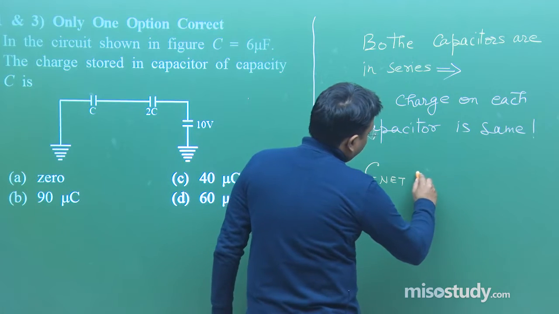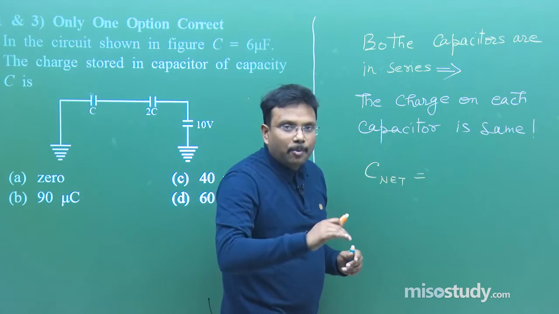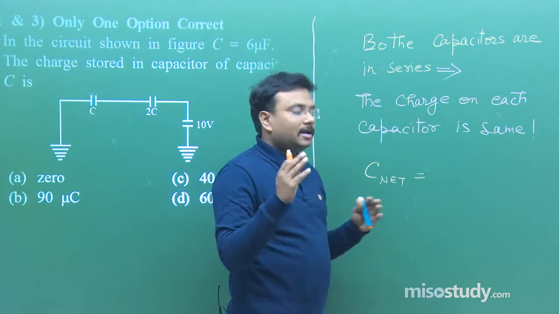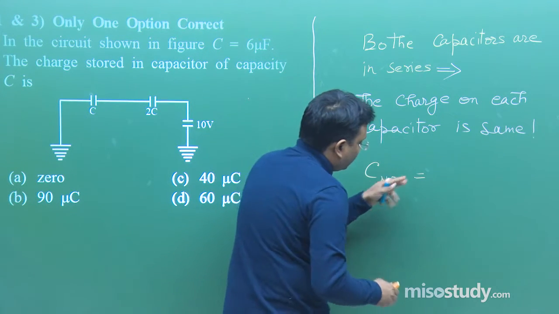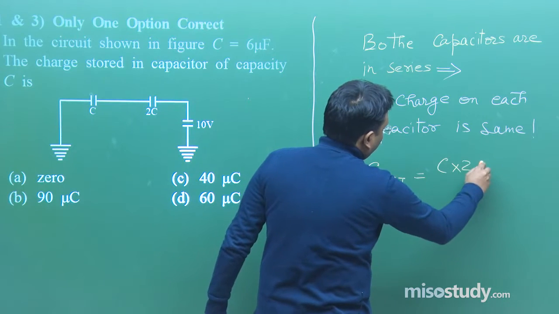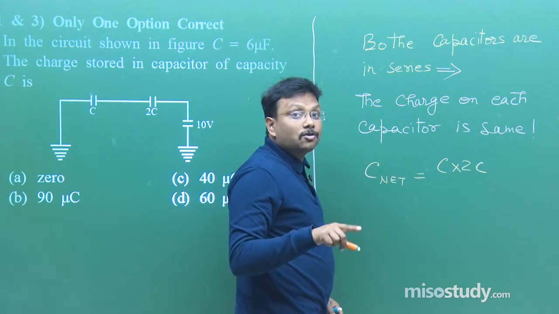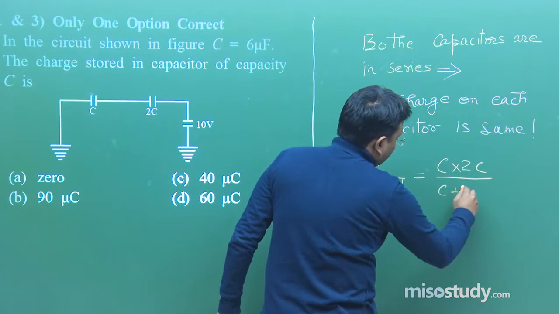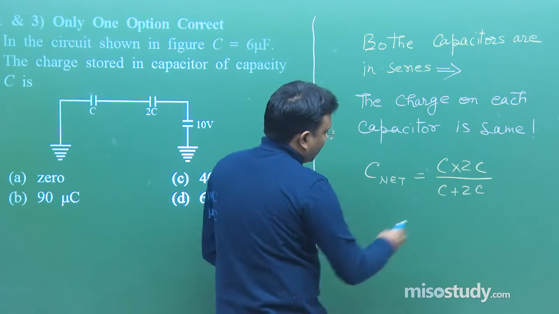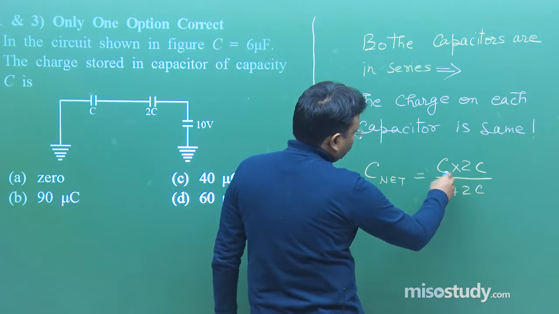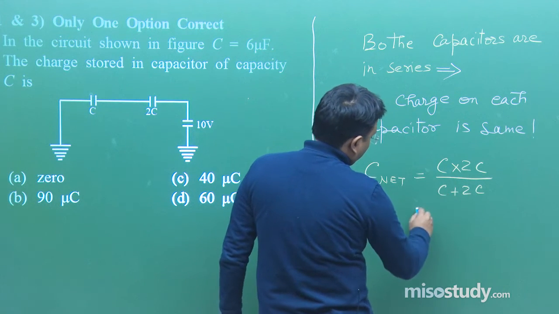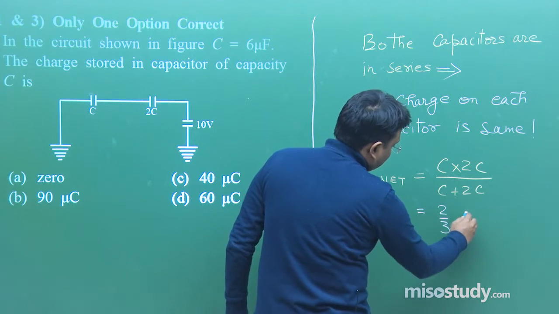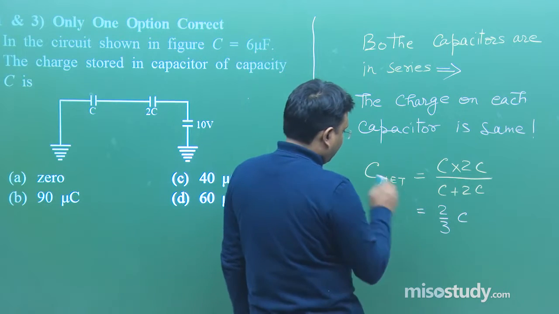So rather than writing 1 upon C net is equal to 1 upon C1 plus 1 upon C2, simply I am finding the value of C net is equal to C into 2C upon C plus 2C, clear. So it is going to be how? 2C square upon 3C, so C cancels. So 2 by 3 C is the correct answer.